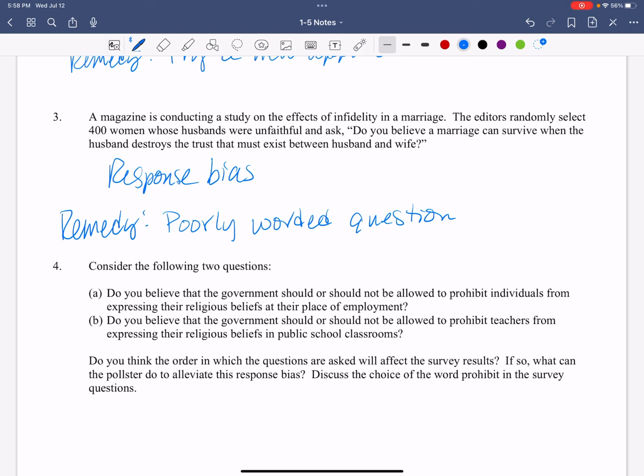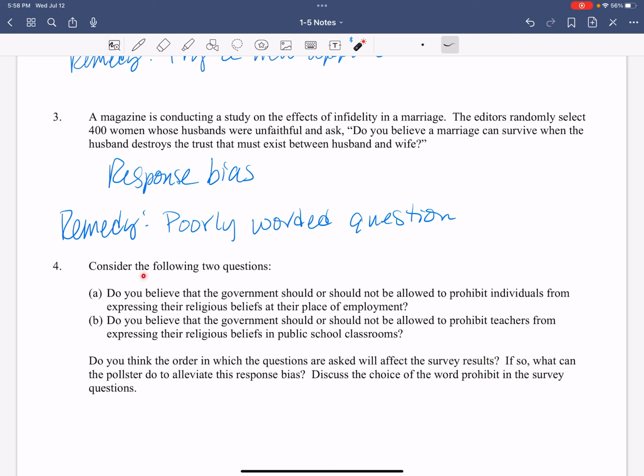Do you see what's happening there? So here's the question: do you think the order in which the questions are asked will affect the survey results? And if so, what can the pollster do to alleviate a response bias? Discuss the choice of the word prohibit here.